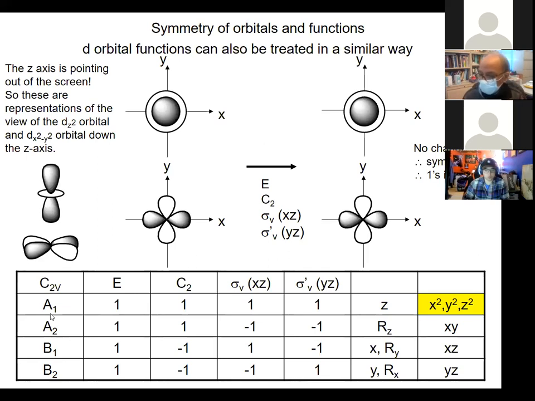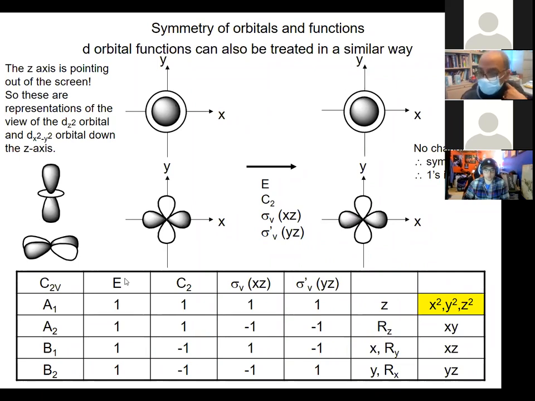So this now belongs to the A1 symmetry representation, because only under A1 in the C2V group, you have 1, 1, 1, 1. So instead of saying dx squared minus y squared and dz squared, the way the functions are written is anything that is x squared, y squared, and z squared. Any combination of those will correspond to the A1 symmetry representation.